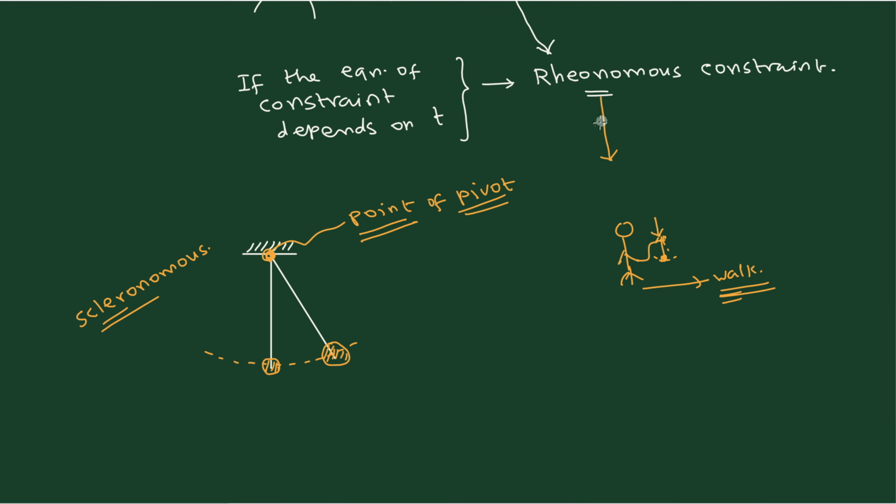And therefore now the equation of the constraint will not be as simple as in the earlier case. In the earlier case the equation is very simple: x square plus y square equal to L square. But the moment you start to move, the equation of the constraint will not be this, it will change.